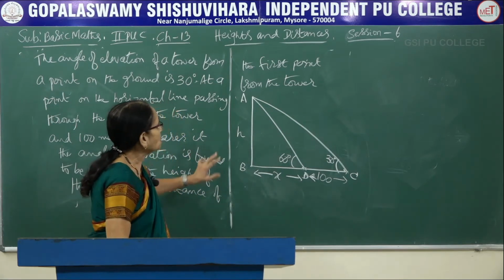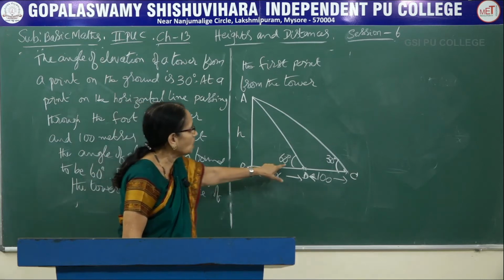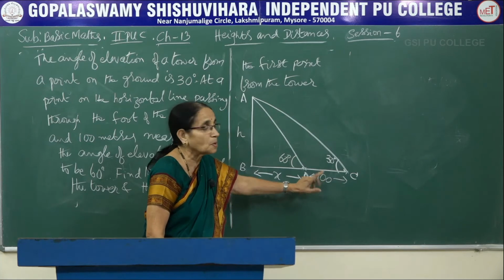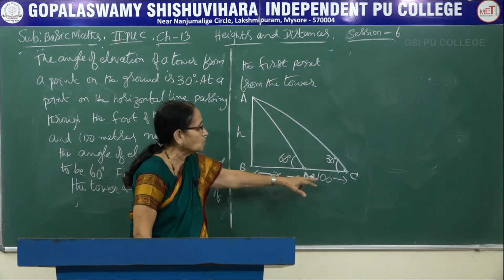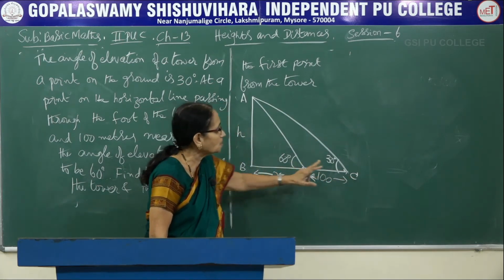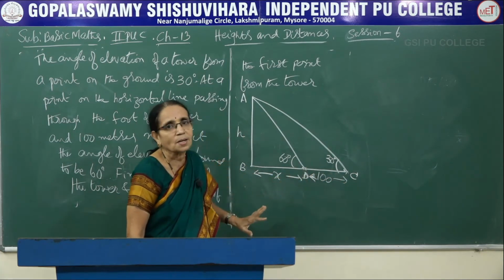The height of the tower h has to be calculated. The two angles of elevation have been given. The distance CD is known to be 100. You have to calculate the distance of the first point. What is the first point here? C is the first point. So to calculate the distance of the first point from the tower, BC has to be calculated.